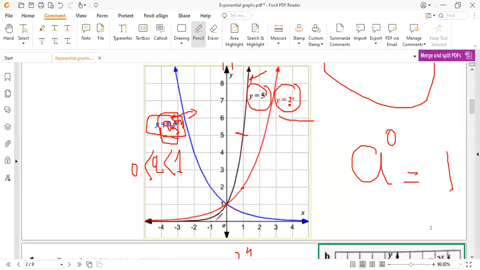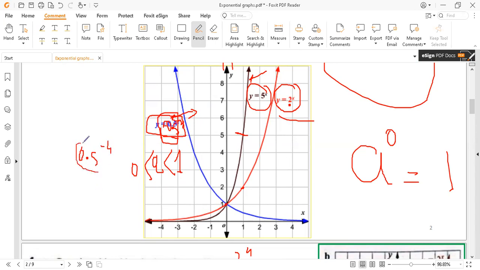Normally we have the opposite form of curve. For example, we have an increasing curve when a is greater than 1, but when a is between 0 and 1, we obtain a decreasing curve. Why?